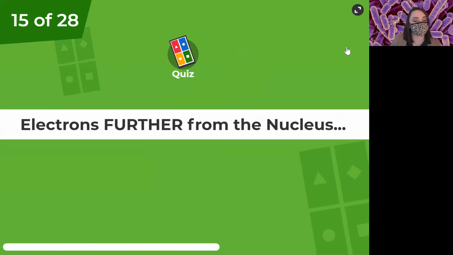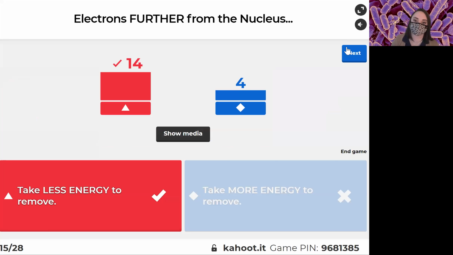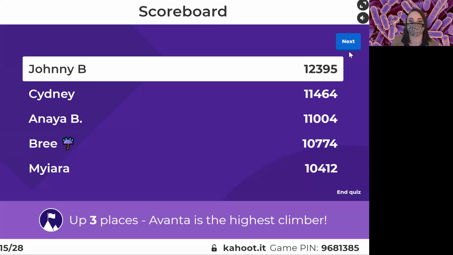What about electrons that are further away from the nucleus? Good. So since they're further away from the protons, that attraction is weaker, so it doesn't take as much energy to remove them.